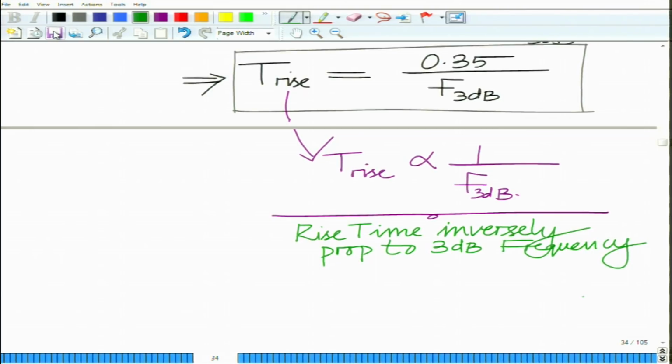Basically, this problem illustrates the concept of the 3 dB frequency, how to derive the rise time, and finally its relation to the 3 dB frequency of the RC circuit.